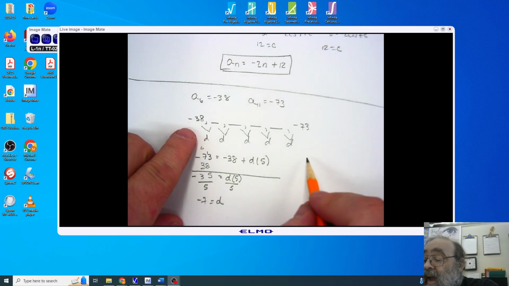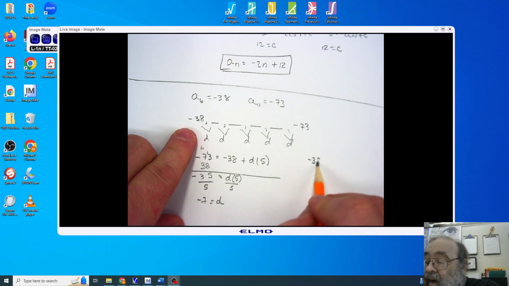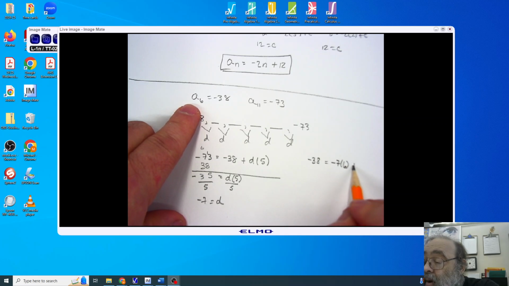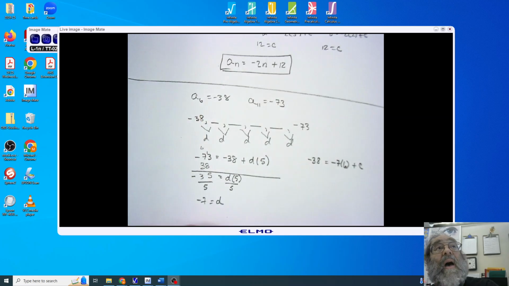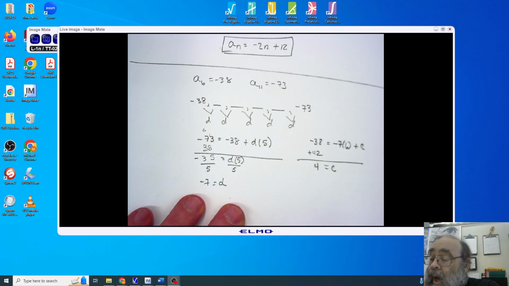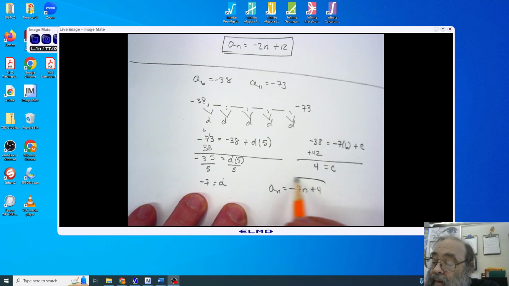Since I now have a sub 6 is negative 38, and it has to be the common difference times 6, our n value, plus c, I can now find my constant. I now take that positive 42 and add to both sides, and I have a positive 4 equaling c. I now know my rule, a sub n, for this arithmetic sequence is negative 7 times n plus 4.